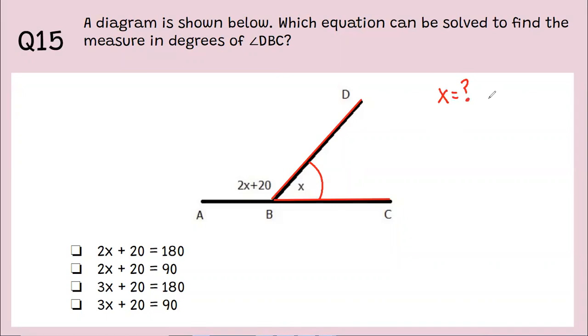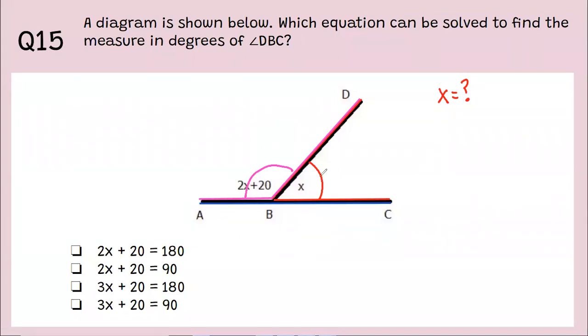And in order for me to have any clue of how to do that, I have to understand angle relationships. What I see in front of me are two angles whose sum is 180 degrees. If I take this pink angle, which is called 2x plus 20, and I add it to the red angle, which is called x, I am going to get a straight line, which is 180 degrees.